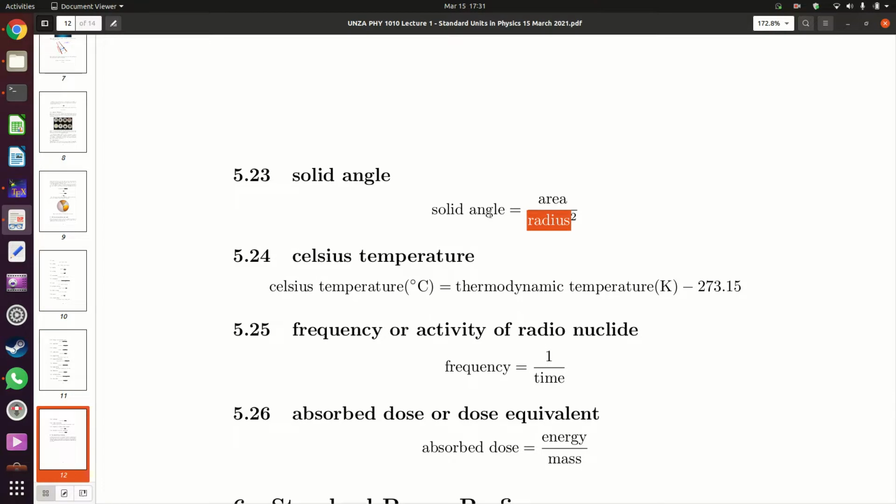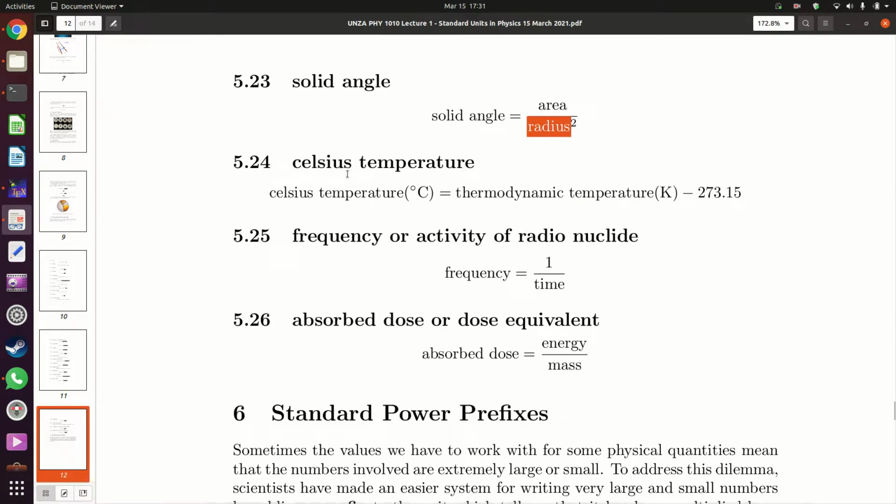Next, there's a type of temperature. The temperature we looked at earlier is what we called the thermodynamic temperature. Then there is the temperature we use every day, the Celsius temperature, 20 degrees Celsius or 35 degrees Celsius. The Celsius temperature is not the same.